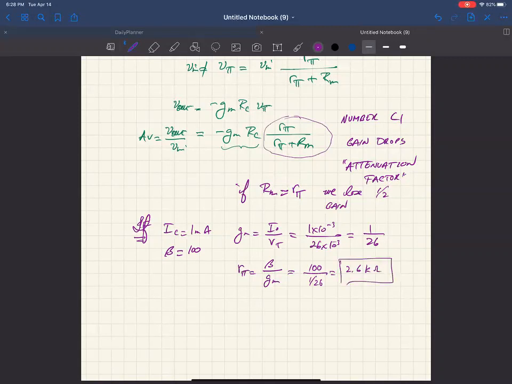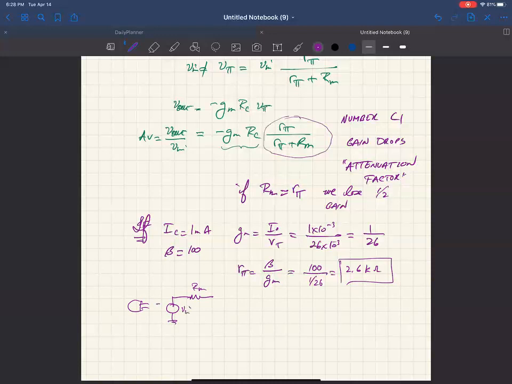Depending on the microphone that we use, we don't have control over the microphone. This is something you're buying off the shelf, and we don't have any control over the microphone's series resistance.